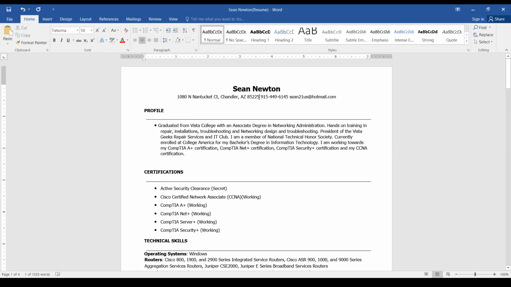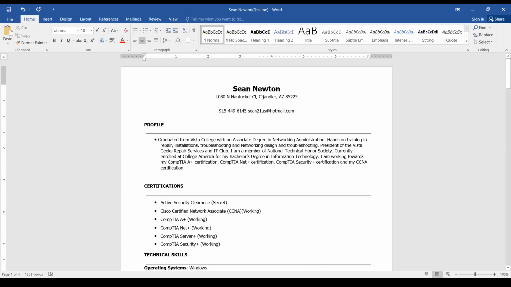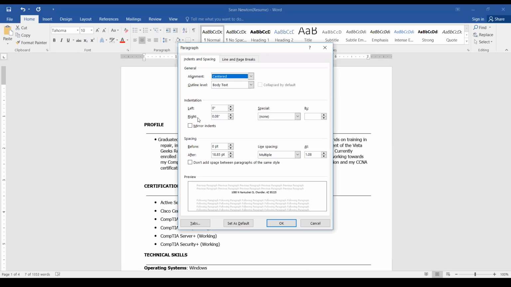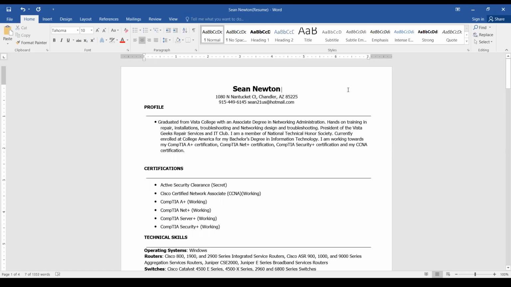Let's just take that out, and I would drop this down, and obviously I want to change the paragraph. Pull it up there. Your spacing in here is kind of critical. I would make that 2 lines, as it's a lot easier to read.